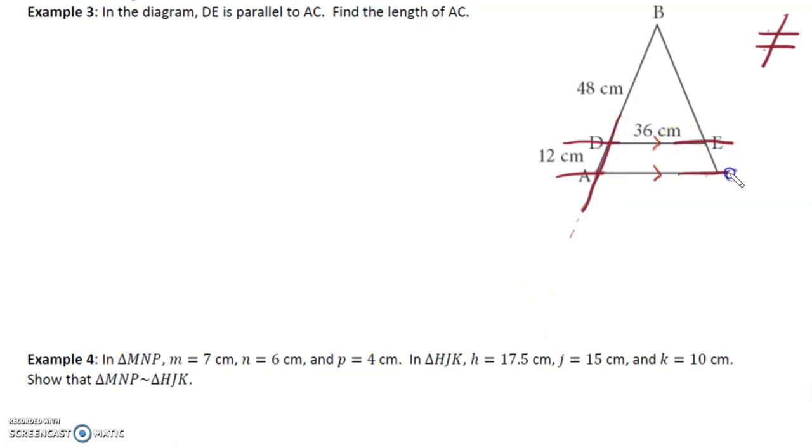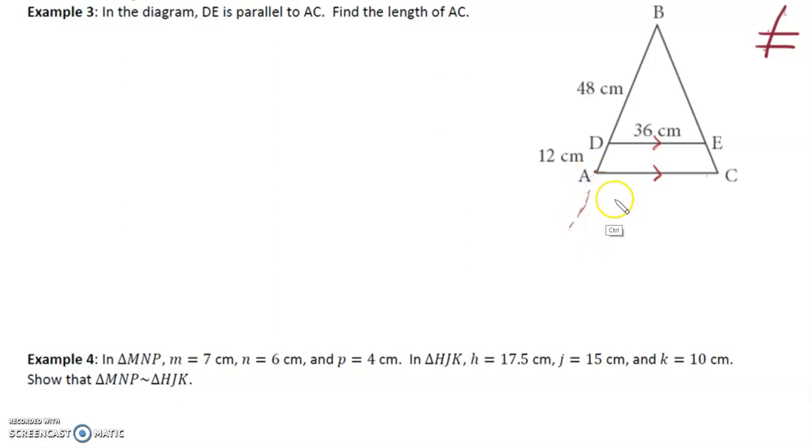Our other transversal, for example, stops right at the corner, and that's totally fine. It doesn't need to keep going through.